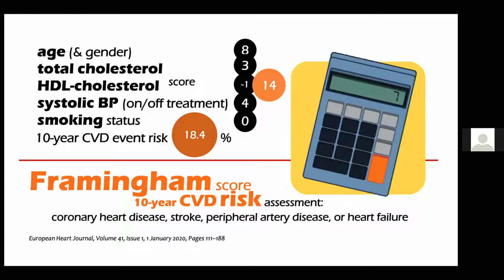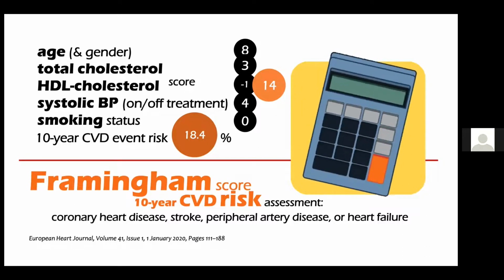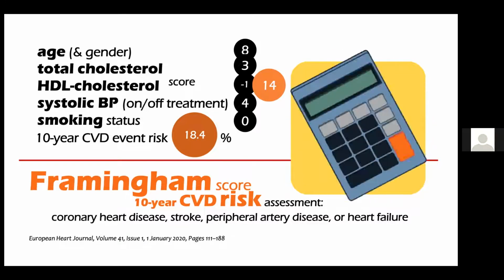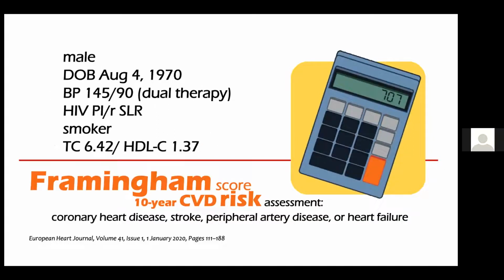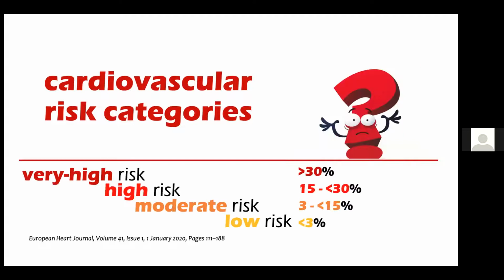When a patient scores 14 and is male, that corresponds to a cardiovascular risk of 18%, which means that your patient has a high cardiovascular risk.